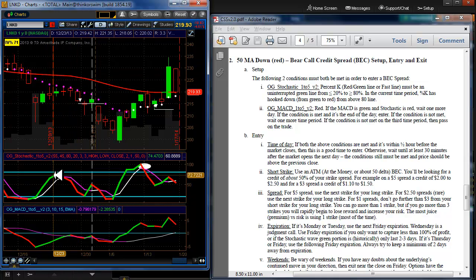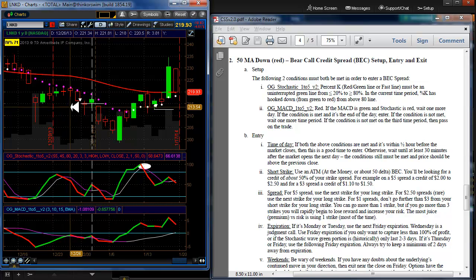So I started counting here. Okay, so the next day we're red down on the stochastic, but still green on the MACD. Then the next day, I'm lining things up down here, we're still green on the MACD.